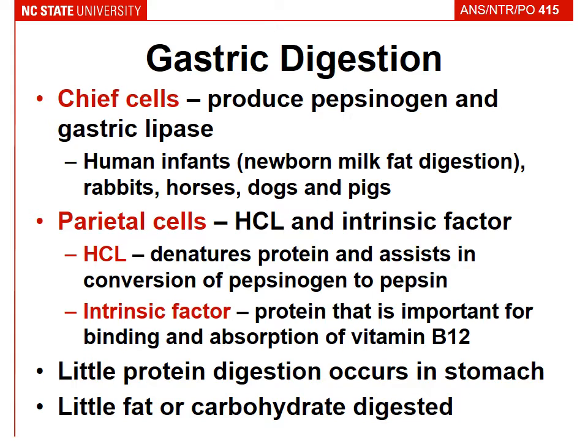Gastric lipase is important for human infants for milk fat digestion, and rabbits, horses, dogs, and pigs also secrete a pretty significant amount of gastric lipase. Pepsinogen is a zymogen. I believe we discussed that terminology in the last lecture. So pepsinogen is inactive and it gets activated within the stomach.